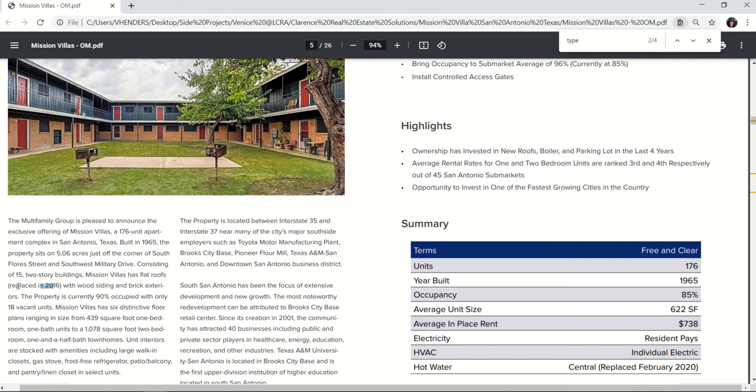I would be interested in determining, was that a full replacement? Because I believe flat roofs are not something that we in the multifamily industry are really interested in. But the fact that it's been replaced kind of mitigates that risk.